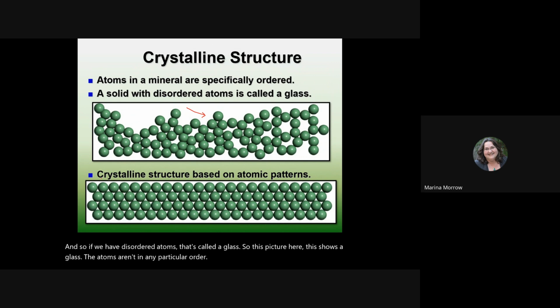So when we look at a crystal, like think of a beautiful quartz crystal, the atoms are in a definite structure, and that depends on how they bond to each other. But they have a beautiful pattern. So remember, this chapter is about the patterns in nature.